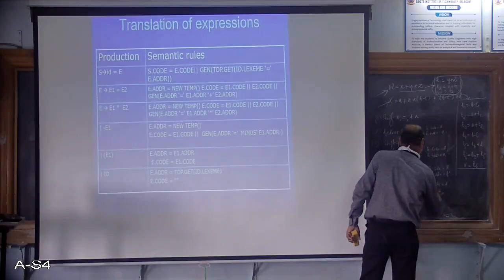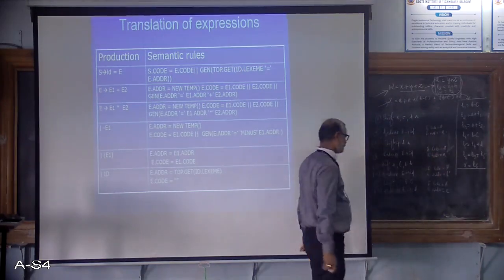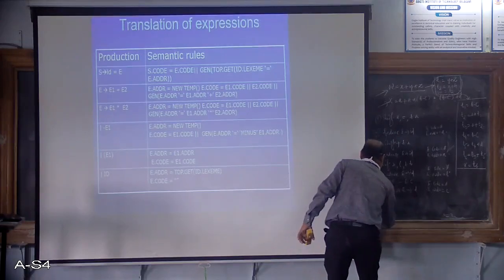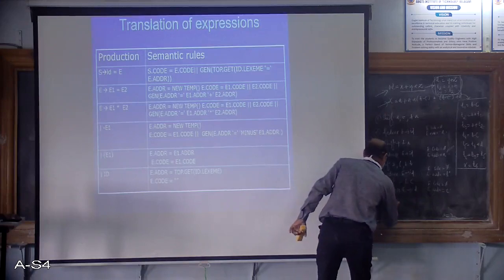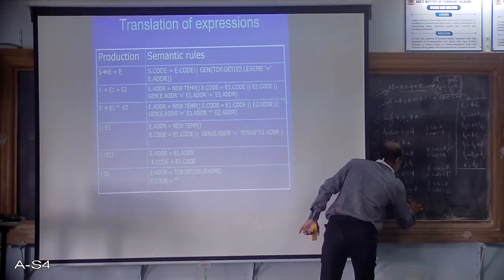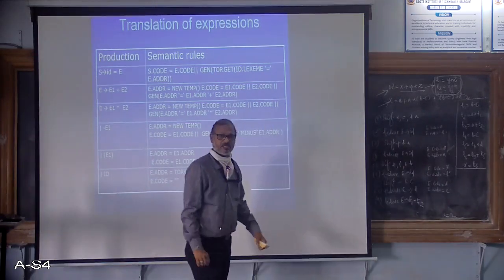However, E dot address is the instance of an ID, which is C here. Okay, next, ninth step, reduce. What is the production? E derives E1 minus E2.